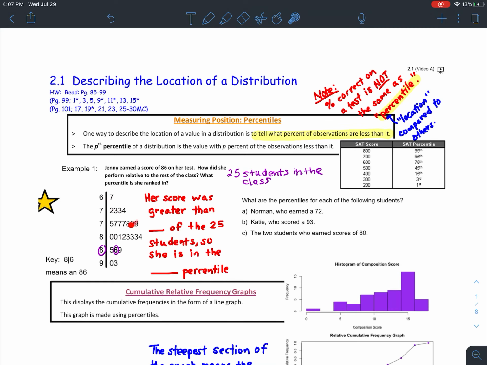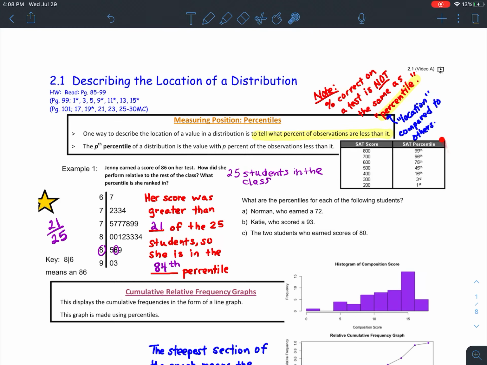Looks like Jenny's score was greater than, if we were to add up all these students here, her score is greater than 21 of the 25 students. So if we were to take 21 divided by 25, we would roughly get 84%. So that means she is in the 84th percentile.